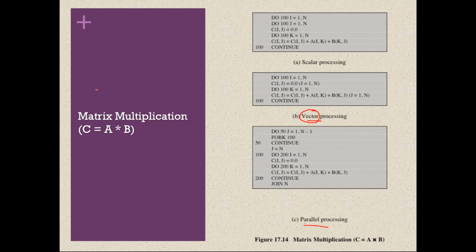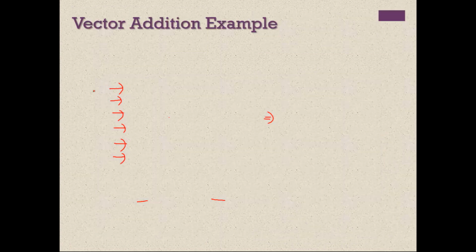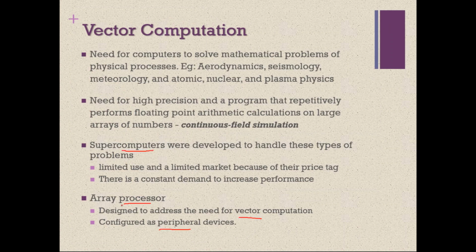The vector processor is a specially designed processor. If you recall, the array processor, the vector processor, is a custom designed processor used only for vector computation, and it is added as a peripheral device.